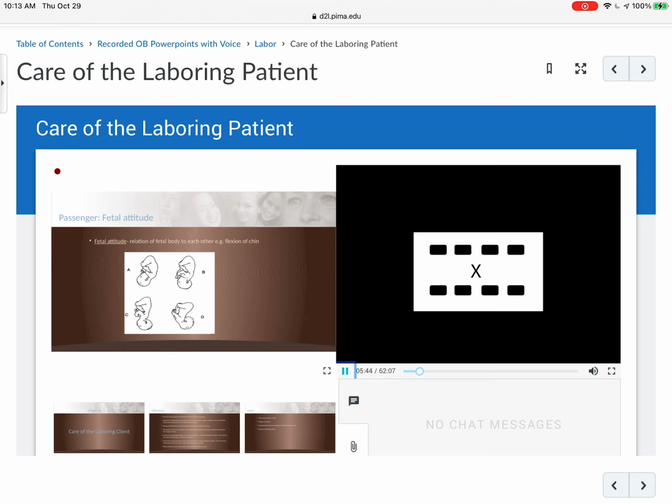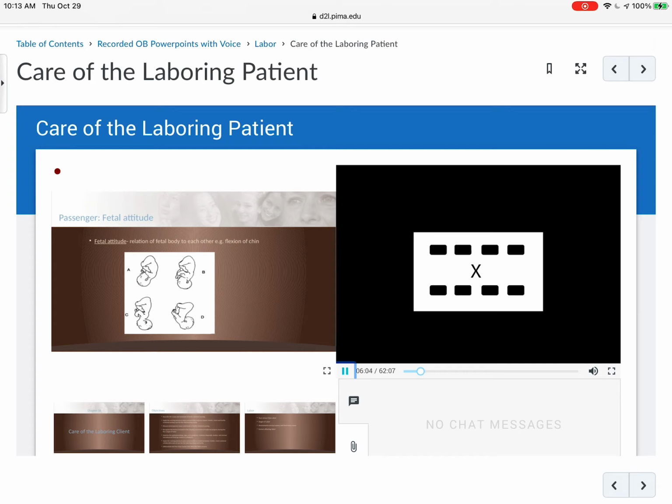You can see in position B that the chin is starting to come up a little bit, and the diameter on the bottom of the head is a little bit larger to try to fit through the birth canal. If you look at position C, sometimes the forehead is down, coming through the birth canal.